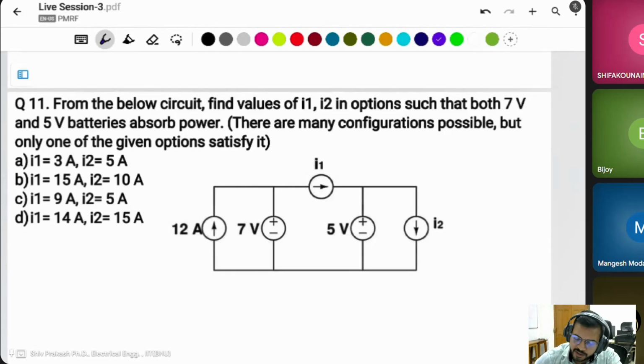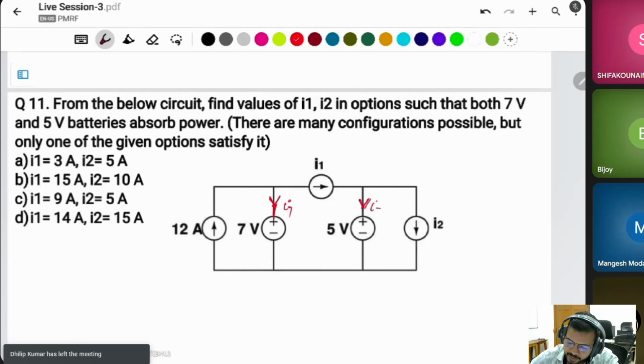How can you find this? If this one absorbs power, it means there is some current going through it from the positive terminal. Some current is passing through it, I7, and this will be I5.